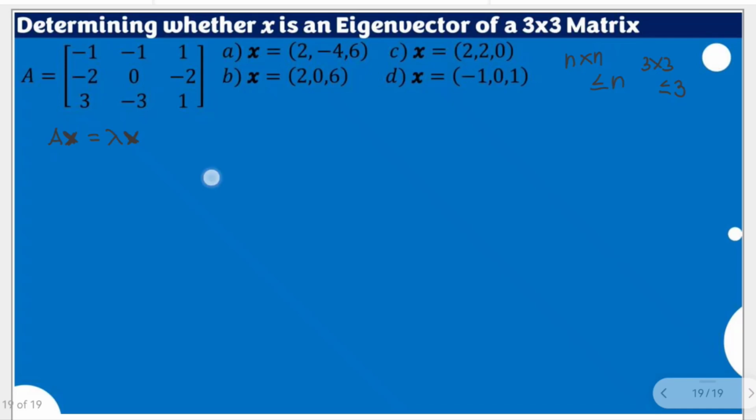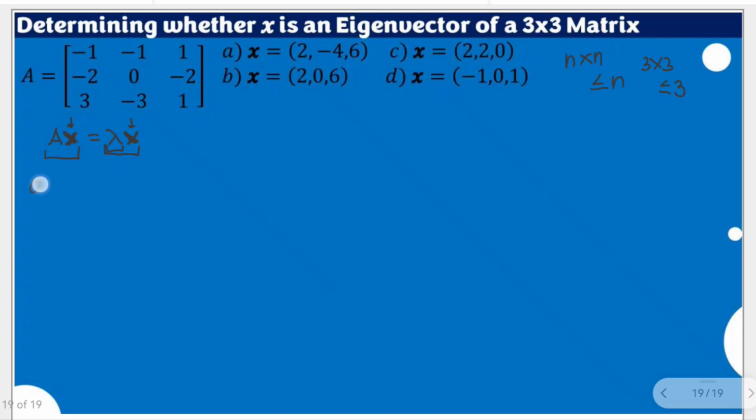In short, we multiply first, and whatever the result, we examine if we can present it in this form, where we factor out a scalar value lambda and the same vector reappears. If that's the case, the vector used is an eigenvector of matrix A.